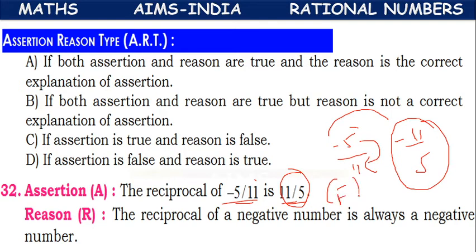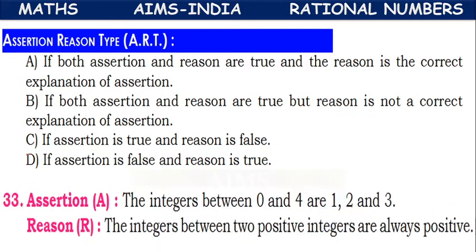So the assertion is false. The reason: the reciprocal of a negative number is always a negative number. The reason they have given is true, because the reciprocal of a negative number is always negative only. So the reason is true, the assertion is false. So D option is the correct answer.